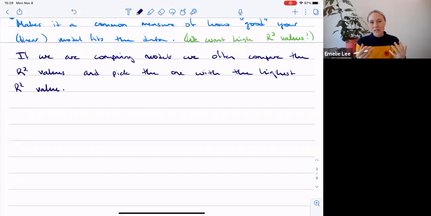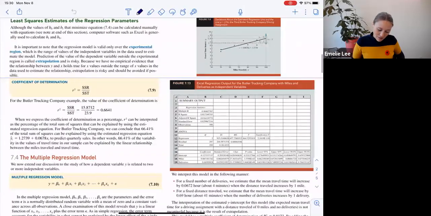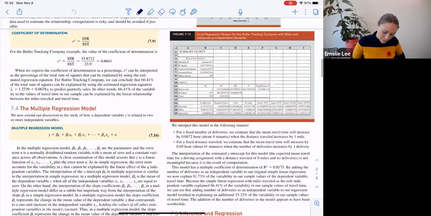So we always have to step back and think a little bit and not just blindly pick the one with the highest R-squared. Although that's usually what I see when I'm doing consulting is people just go for the highest R-squared. They don't care. And often it doesn't matter. Okay?